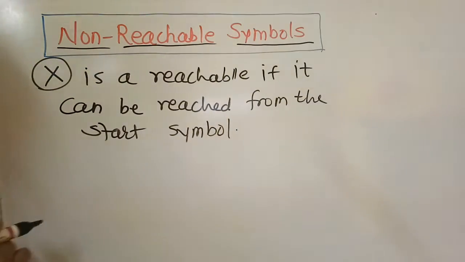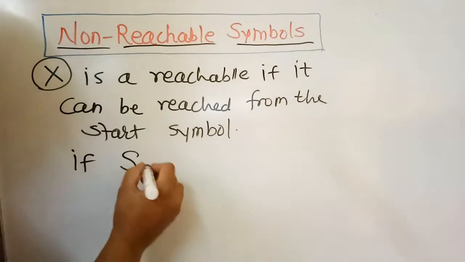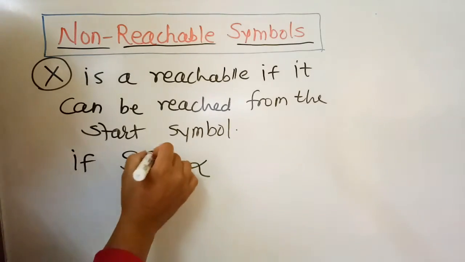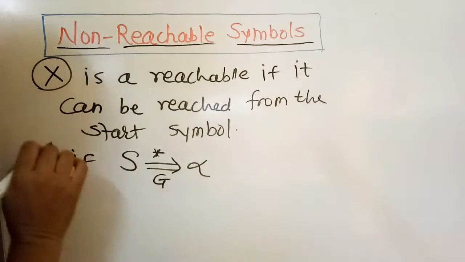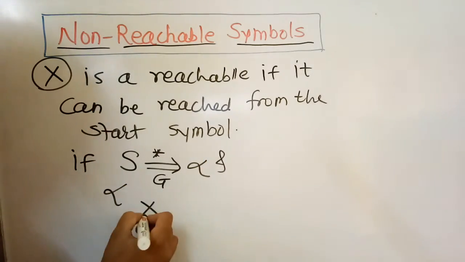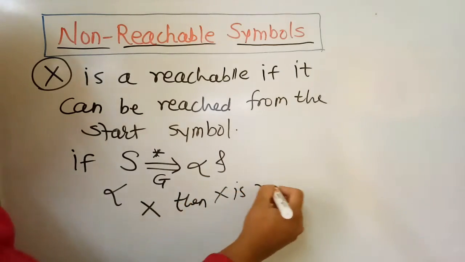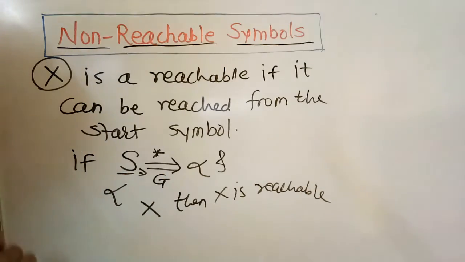For example, if S is a starting non-terminal and gives a production alpha, that is all combinations with some grammar rules, and alpha contains a variable, for example X, then X is reachable, as I explained before.